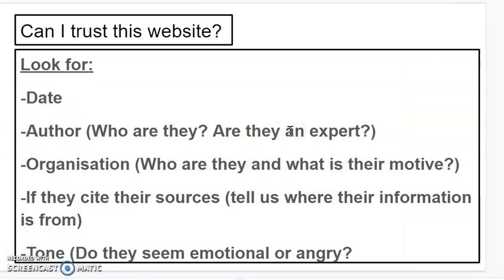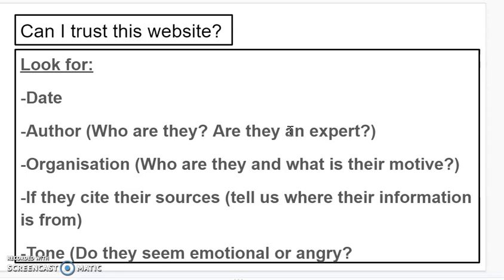Firstly, date. What's the date that this was published? If it's really, really old, it might not be relevant, but some things don't change, so it might be fine. Author. This is important. Who is the person writing the article? Are they an expert? If they are a journalist, then look at the people that they quote in the article.